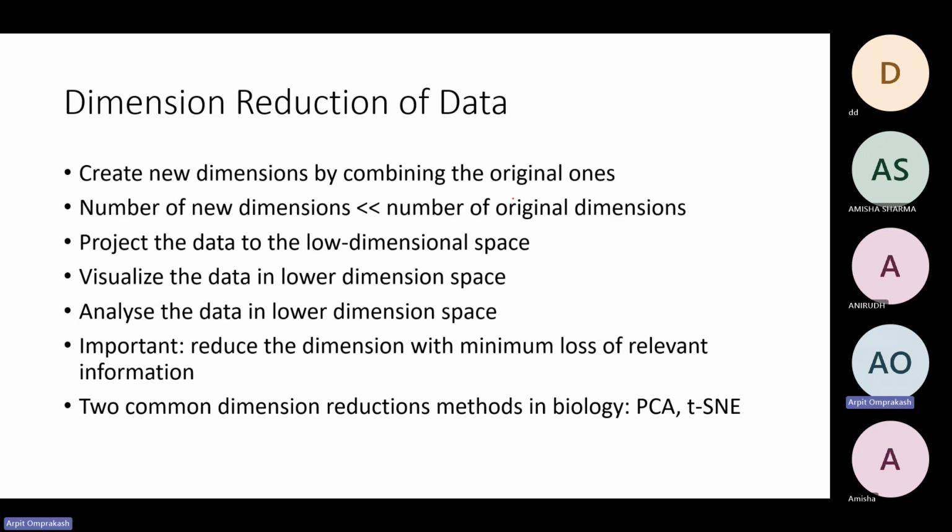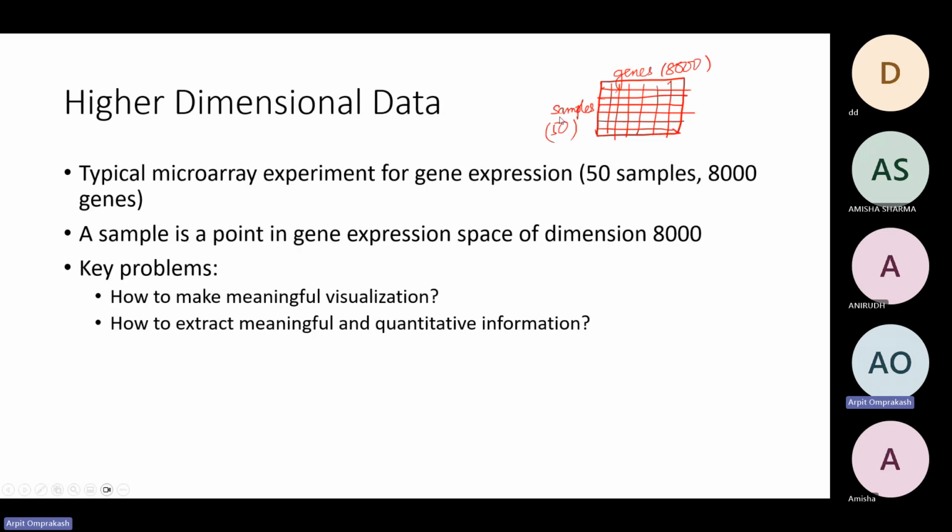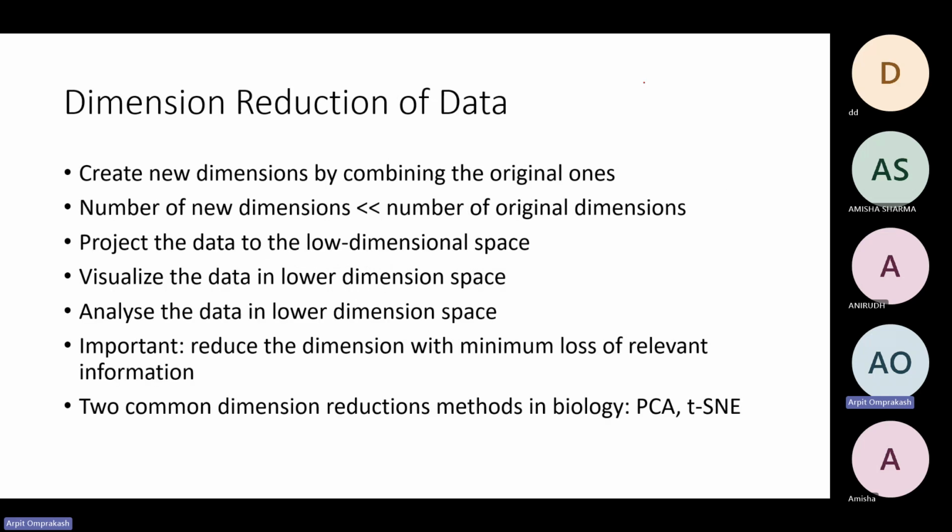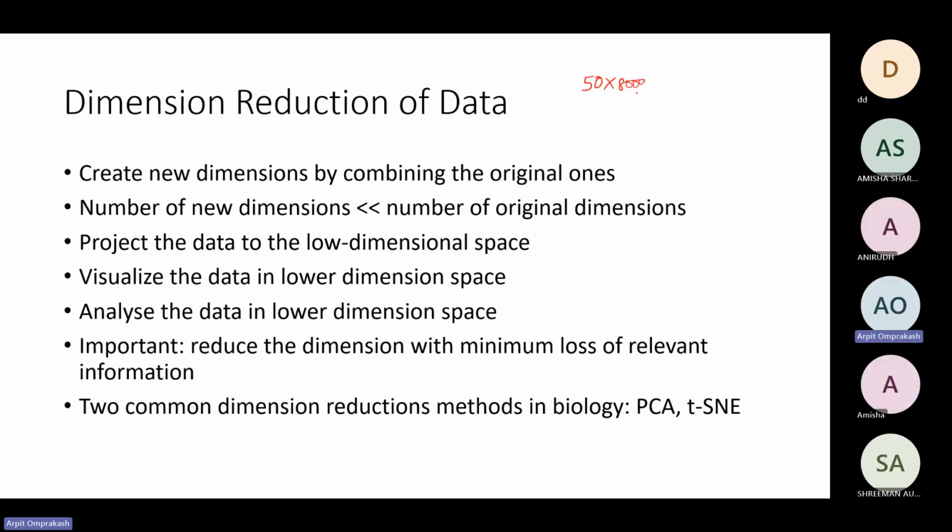Basically, using the original dimensions of the data, we try to combine them in some way to create new dimensions, where the number of new dimensions that we create is much less than the number of original dimensions. For example, if we wanted to visualize this data set of 50 samples and 8,000 genes, we'll reduce its dimensionality from 50 into 8,000, so 50 data points across 8,000 dimensions, to something like 50 into 2.